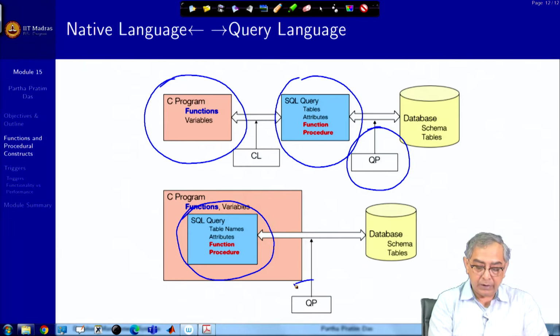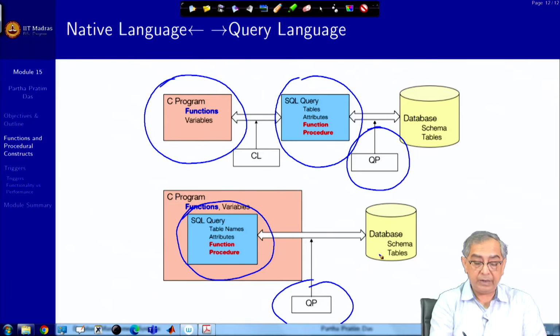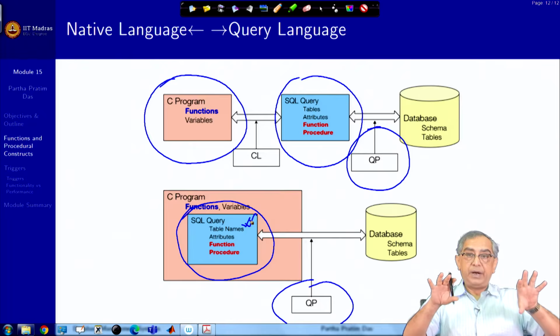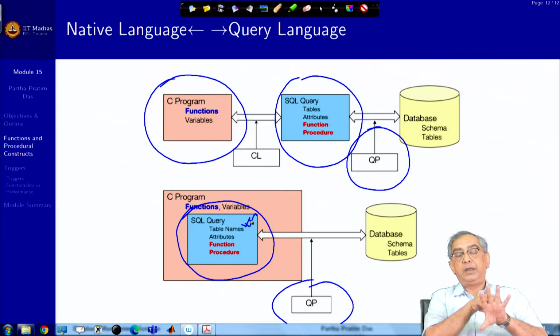Again, all the transactions with the database through the query processor will be done from the SQL, but here they are not independent entities; the C program will control the invocation of the SQL operations and collection of results and so on.